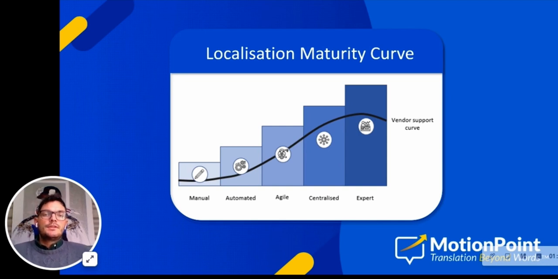In that example, the first place you'll likely look is one of 2 places: translation providers and standard LSP agencies, and also your internal teams who have the fluency for different languages. Most of the time, you'll have one of the two, if not a combination. This manual phase is a phase where translation is a part of the business, but it's not something that's overwhelming the teams to manage.